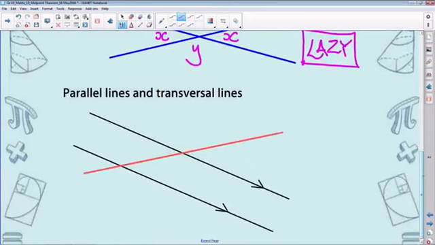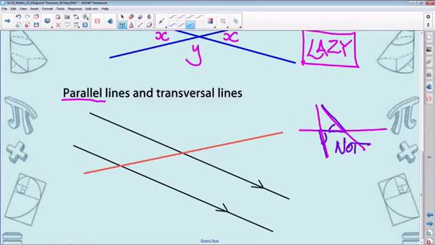Parallel lines and transversal lines. Now, you'll remember that it's very important that the lines are parallel, because lines that aren't parallel can still have a transversal. But when we do the alternate angle, for example, that and that, they are not the same size.